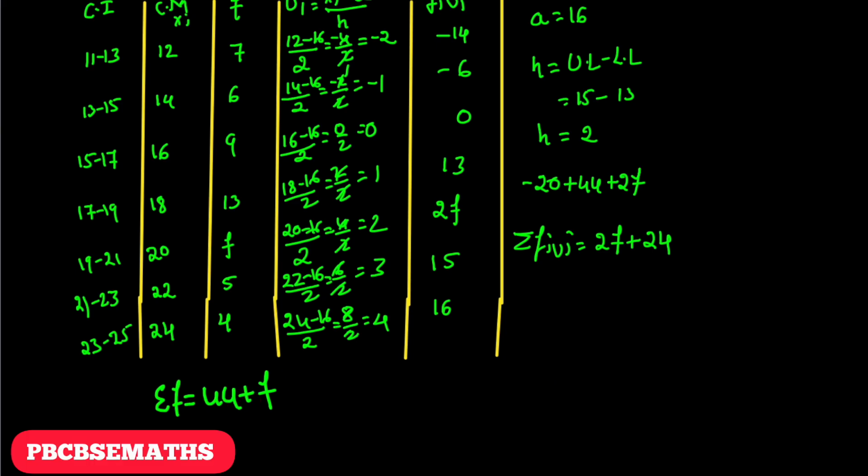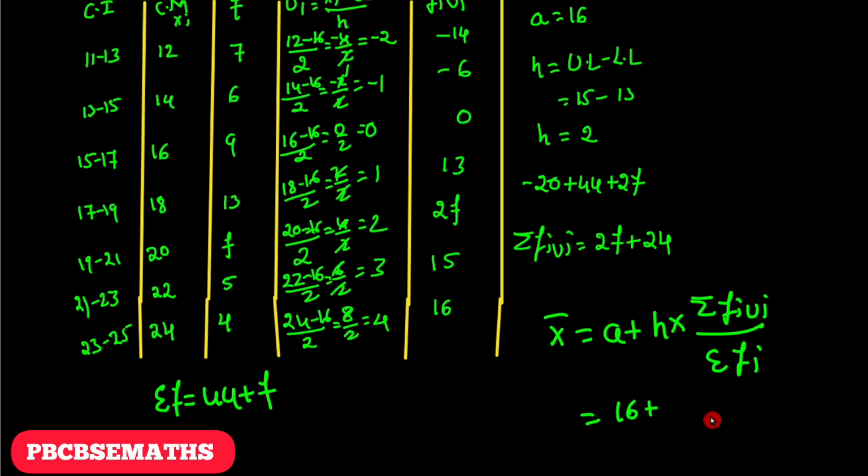Now let's calculate the mean. We know the formula: x bar is equal to a plus h times the summation of fi ui divided by the summation of fi. Here the a value is 16, plus class size 2 times the summation of fi ui, whose value is 2f plus 24, divided by the summation of fi, whose value is 44 plus f.